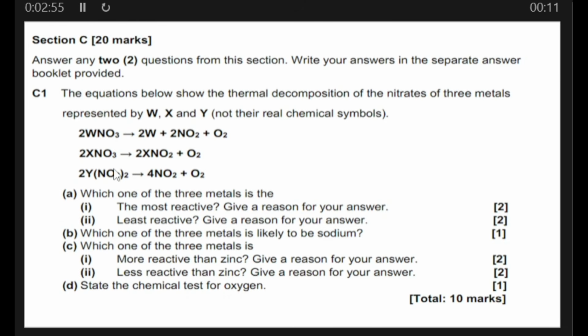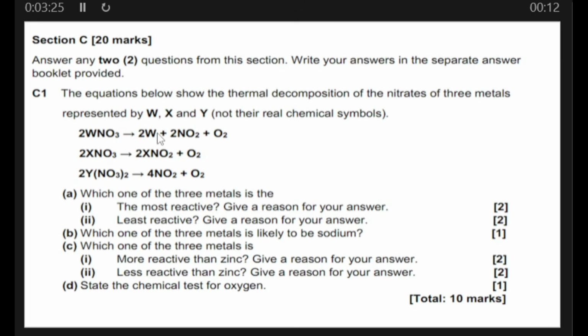Before answering this question, remember, when we are talking of thermal decomposition of nitrates of metals, what you should know is that, number one, the nitrates of most reactive metals are hard to reduce into their metals. So when you heat a nitrate of a most reactive metal, you are likely to get the metal nitrite plus oxygen gas.